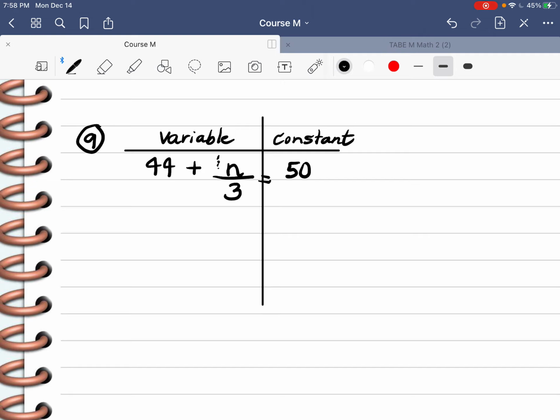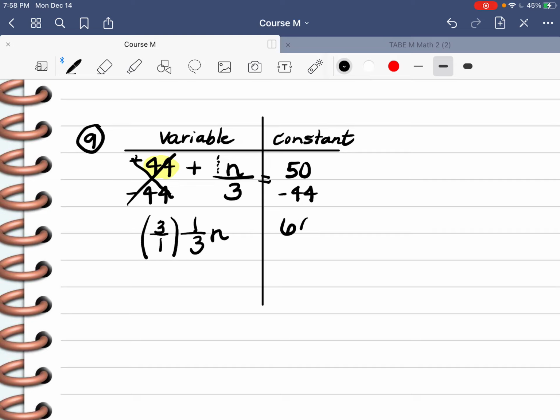I am going to go ahead and put my ghost 1 in there with that n because it needs a coefficient. But the first thing I'm going to do is move that 44. Let's get it over there to the constant team by subtracting it off both sides. So cancel it there. I'm left with 1/3 n. And then on this side, 50 minus 44 is 6.